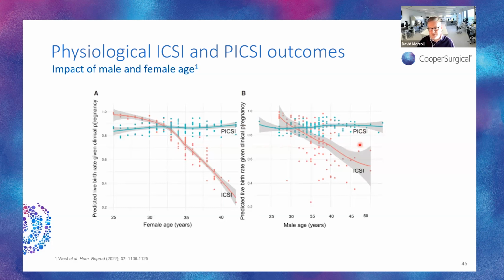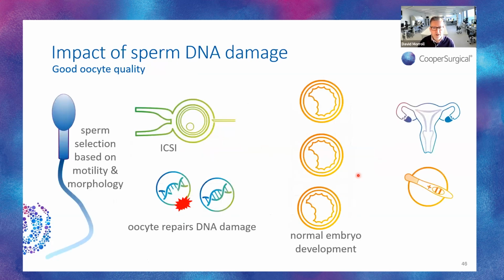They also showed an impact on male age, but of course male age has a much lower effect on overall outcomes, so that's there, but it's not as significant as the female age. So what this means is that if you get good quality oocytes and you do PIXI, the oocyte can repair the DNA damage, you get normal embryo development, and you get a normal chance of pregnancy.